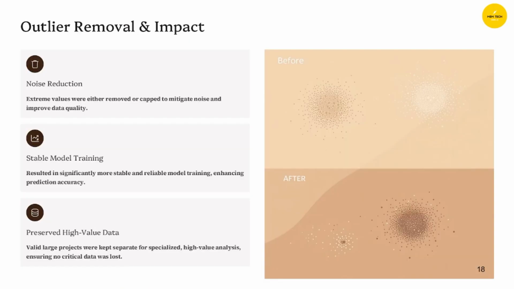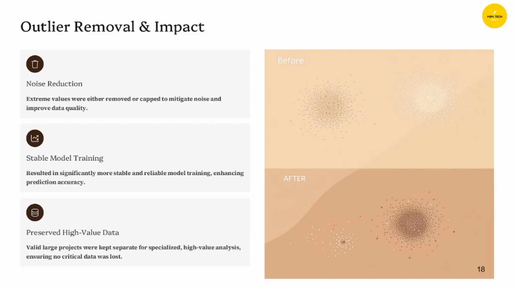Next, the removal of the outliers. So what are the outliers? Outliers are things like, sometimes the data contains values that should not be there, extreme values. That might impact the final analysis or final modeling. So to reduce the noise, extreme values are either removed or capped to mitigate noise and improve data quality.